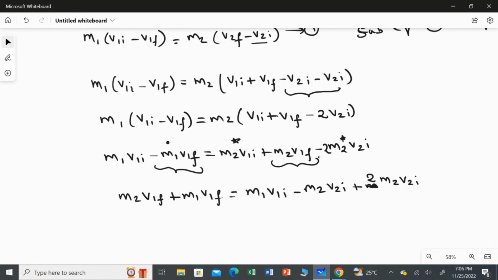Clear? Now I'm going to take V1 final as a common term, because we are going to find the value of V1 final. So if you take V1 final as a common term, you have M2 plus M1, right? And here I'm going to take V1 initial as a common. So how many V1 initial we have?